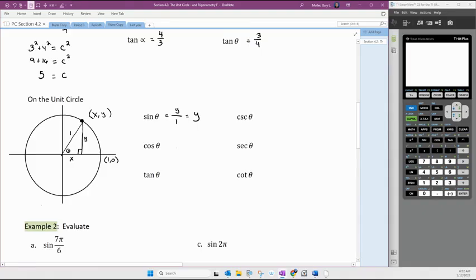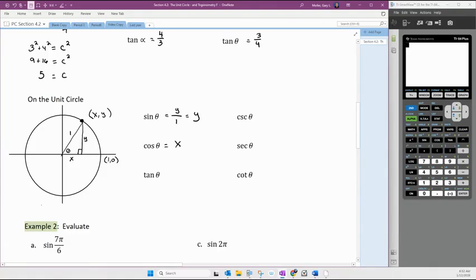So if it's a unit circle, we can simplify: if you know the coordinate point of the terminal side, then sine is always just going to equal the y value, y over 1. And cosine is always going to equal the adjacent side, x over 1.